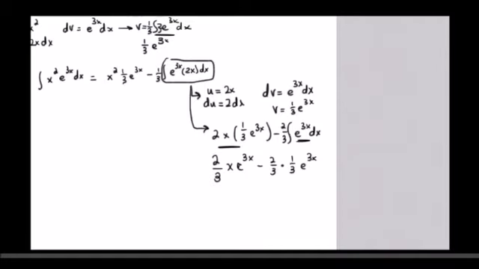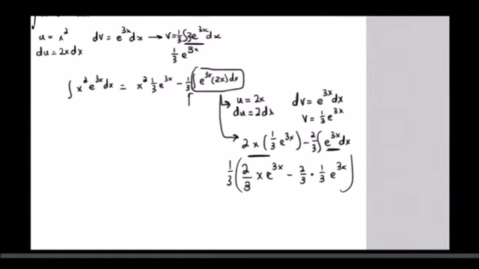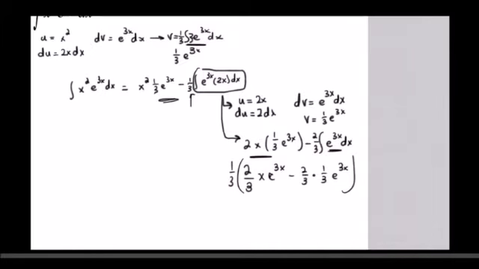So now this expression, the antiderivative, remember from right here there was a 1/3 in front of that, and then the rest of it we had that in front of it, so minus the 1/3 times x squared there is just x squared over 3 times e to the 3x.